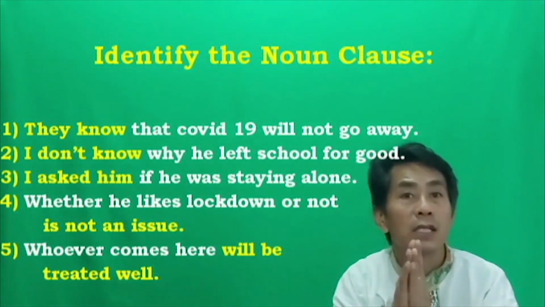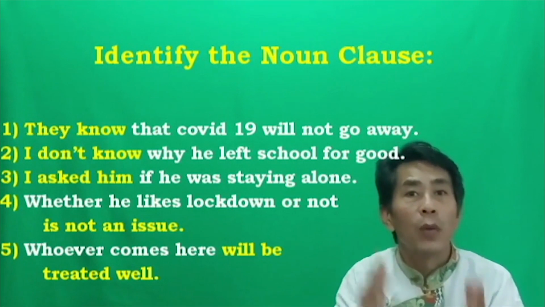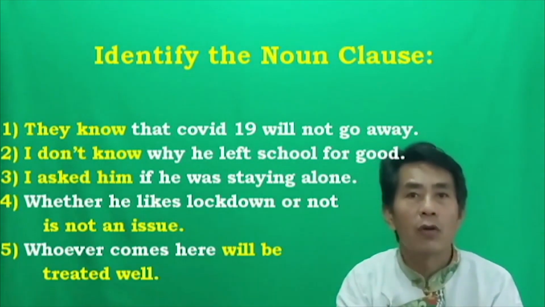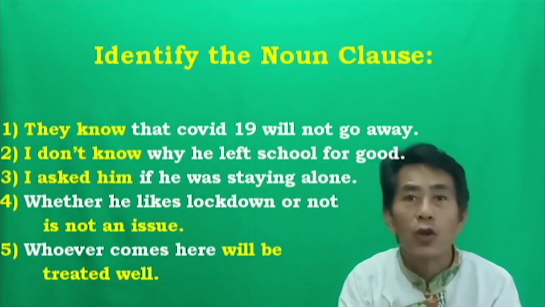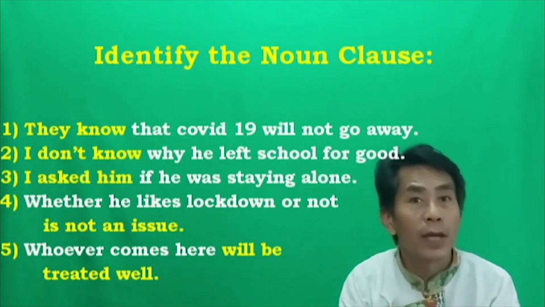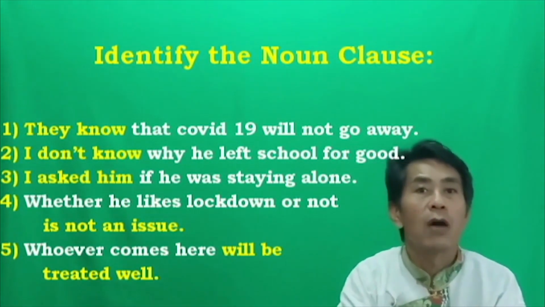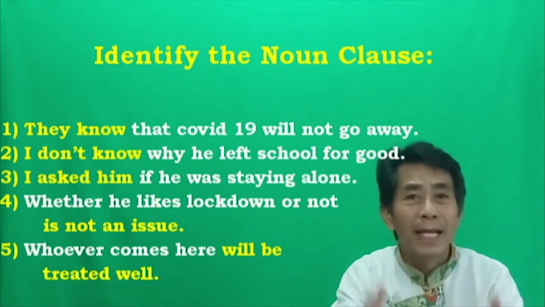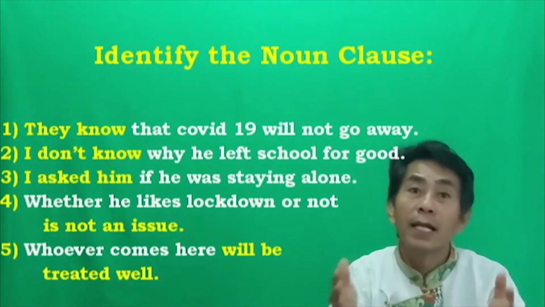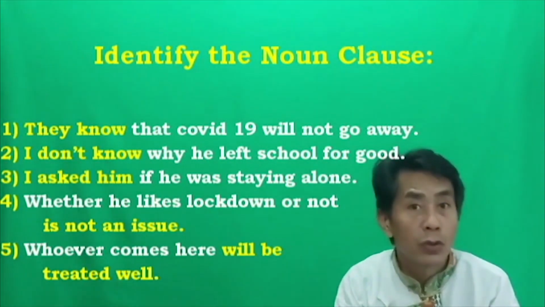Now what about the fourth one? "Whether he likes lockdown or not is not an issue." It's not a problem. You got it? Now "whether he likes lockdown or not" is in the subject place. Again, this is a noun clause. Why?